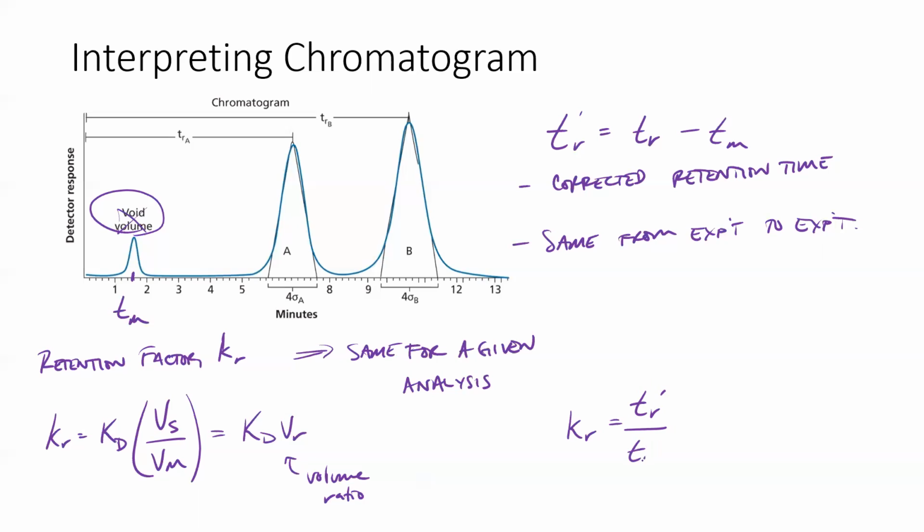Tr prime over Tm gives us our Kr. This is a decent approximation, and it's one that lots of folks use. Just like KD, this can tell us something about the separation efficiency.